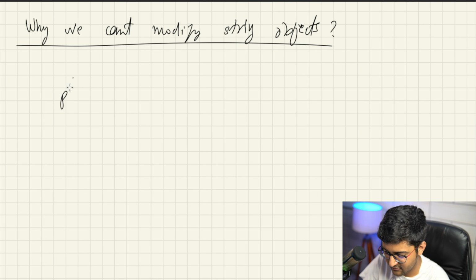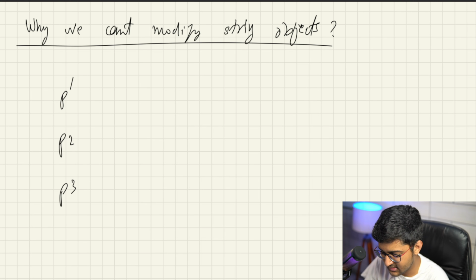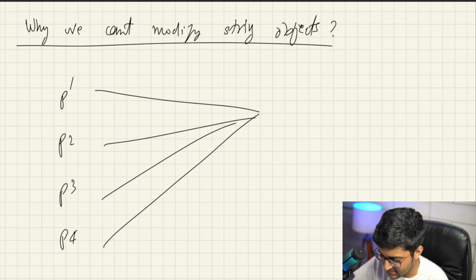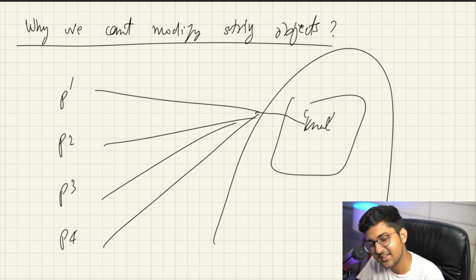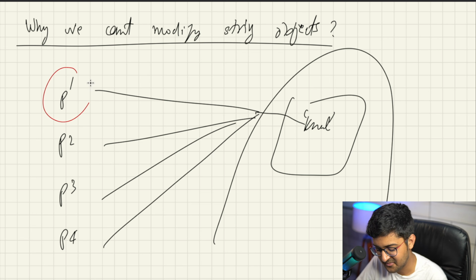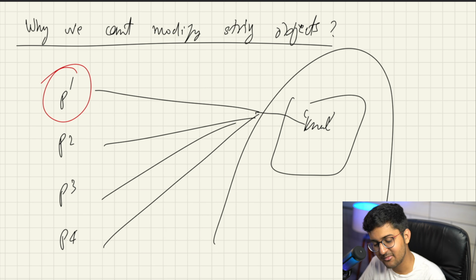So let's say person 1, person 2, person 3, person 4, all are named Kunal. So hence all of them will be having just one object Kunal over here, right? In the heap memory. Now suppose one person decides to change their name. If it was not immutable, if person 1 decided to change their name to Karan, this will change its name to Karan.